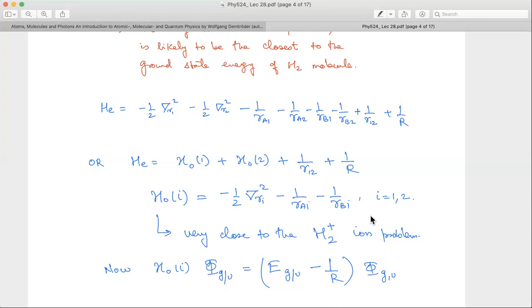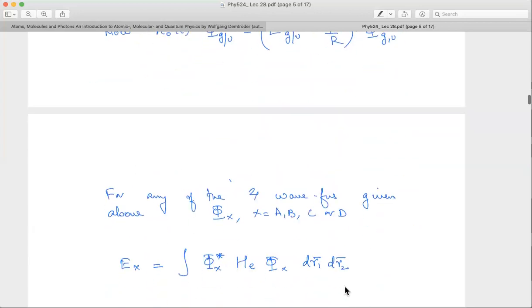So this is a problem which is very close to the H2 plus ion, and this we had already solved. All right. So if we take this Hamiltonian with that 1 by R, we get energy Eg or Eu, which we explicitly calculated in the last class, times phi g or phi u, whatever the eigenfunction is. Since there's a 1 by R missing here, let me subtract that from the energy. So Eg,u minus 1 by R. So those are the eigenfunctions of H0i, which are already known.